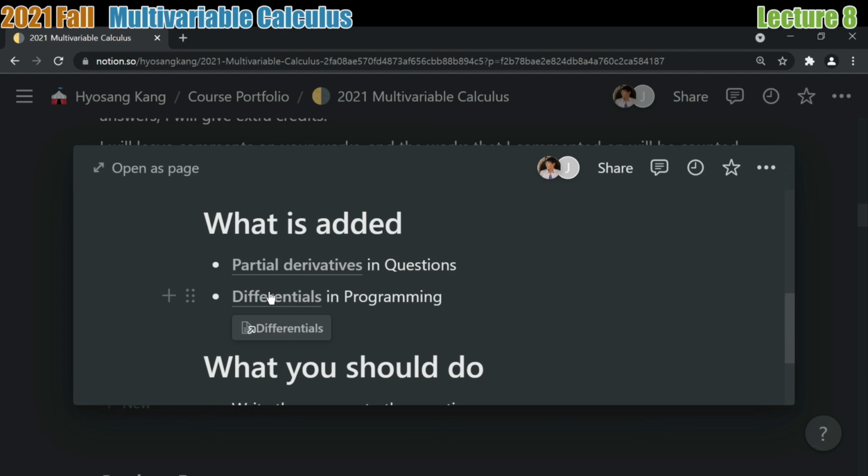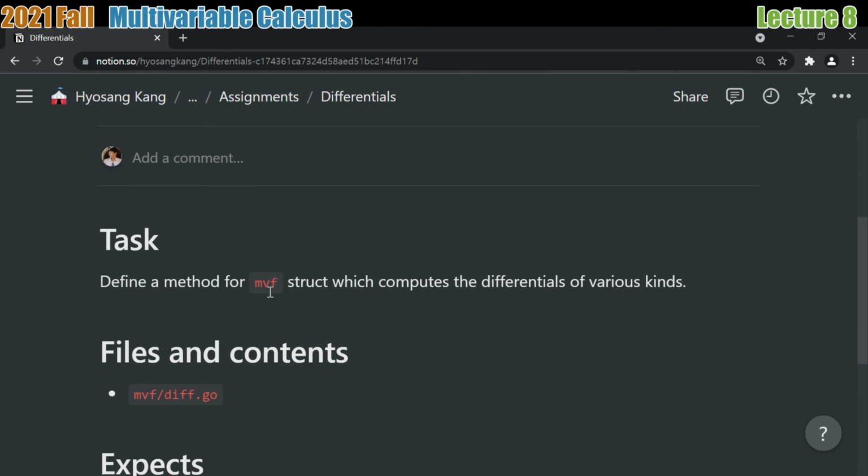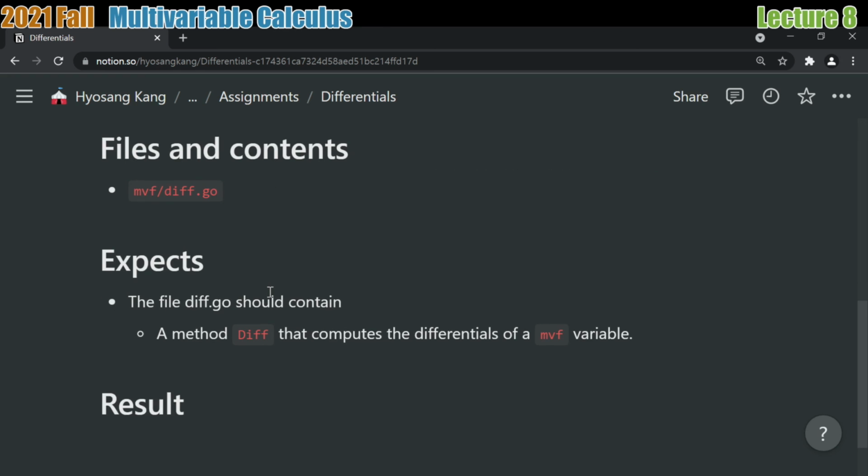And also the programming, in the Go language, which I didn't actually do in the classroom. The purpose is defining a diff function, which computes the differentials of a function. The differential is a matrix, so your output is in the form of a matrix. So you have to define the matrix too.